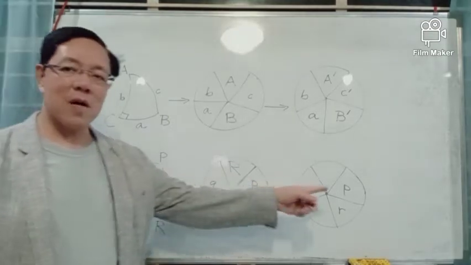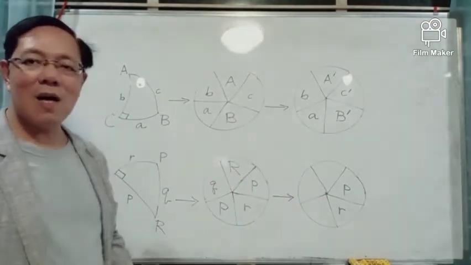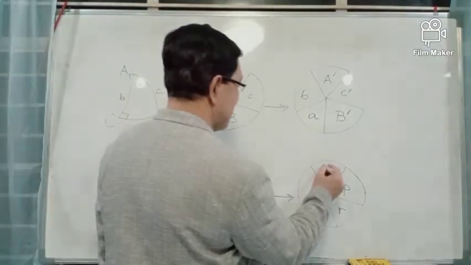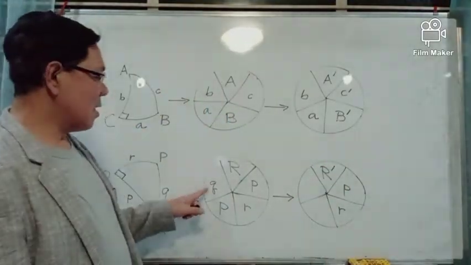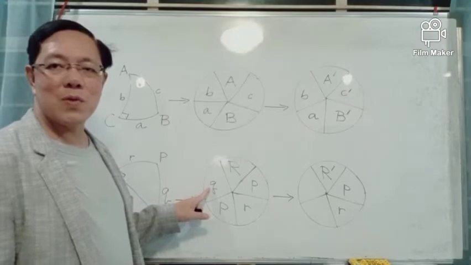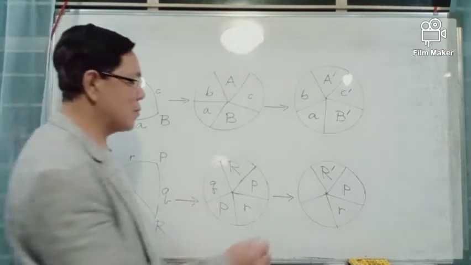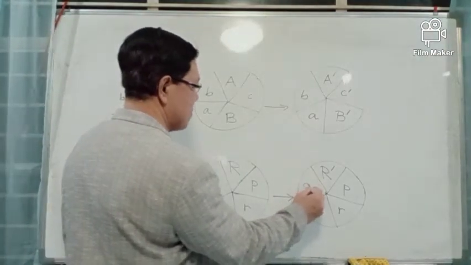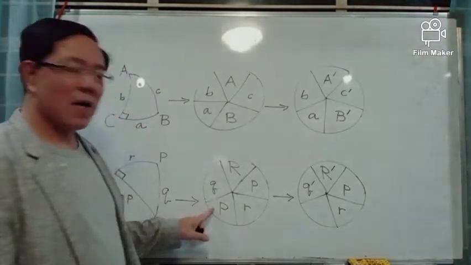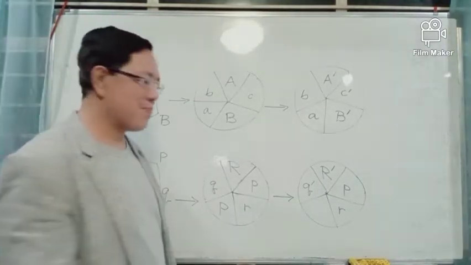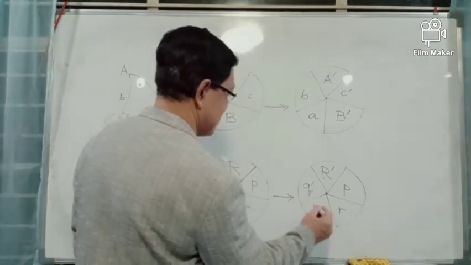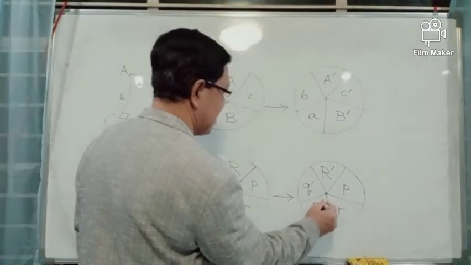In the mnemonic device, we write R as complement of R, denoted by R prime. And instead of Q, we write complement of Q, we denote by Q prime. And angle P, we take its complement and we write P prime. Capital P prime.